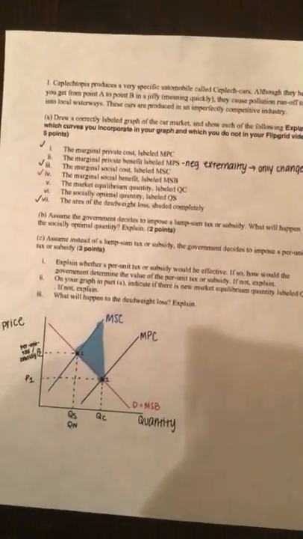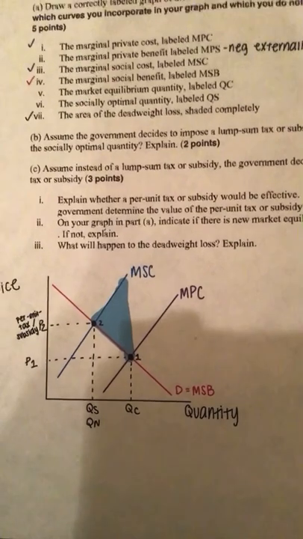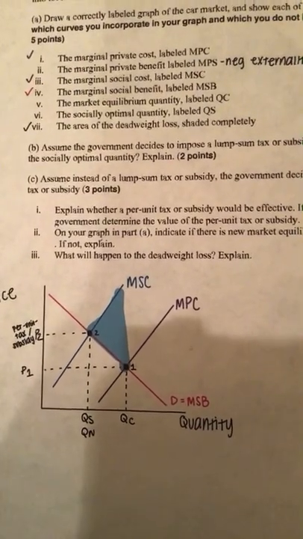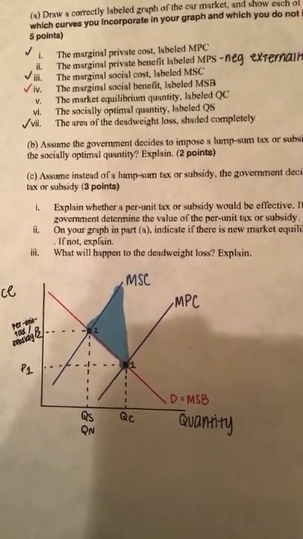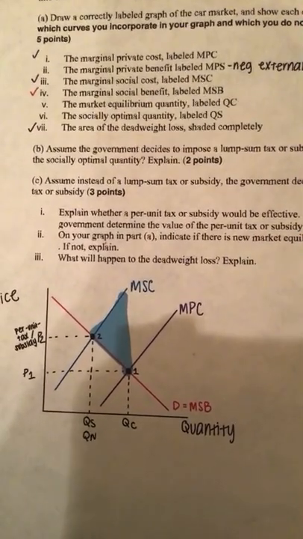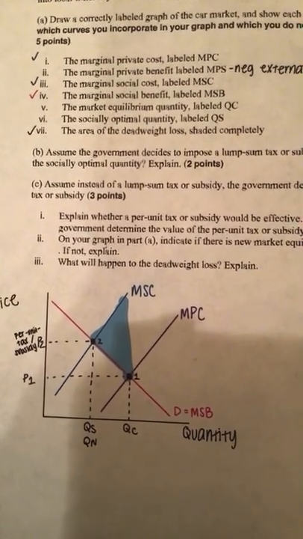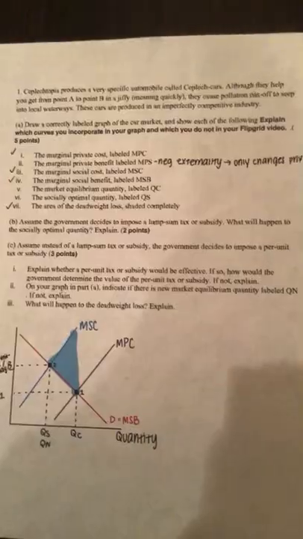So only the costs would be included on the graph. The market equilibrium would be where demand and marginal private cost intersect. The socially optimal quantity would be where demand and marginal social cost intersect.